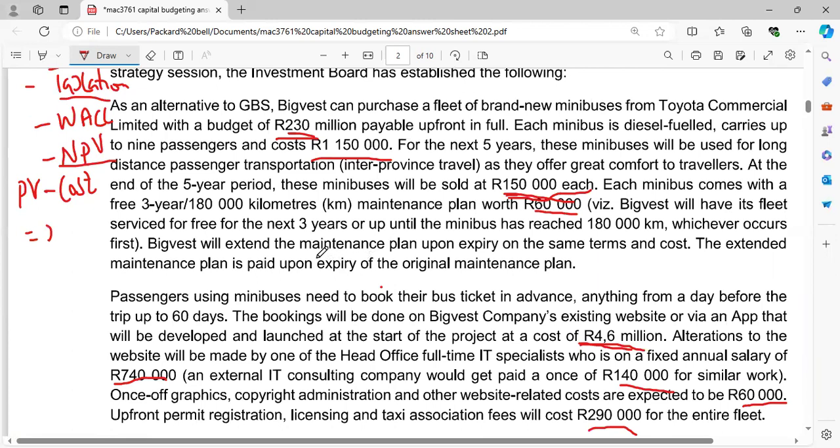Big Base will exchange the maintenance plan upon expiry on the same terms and conditions. The extended maintenance plan is paid upon expiry. Okay, so which means it's going to be paid in year 3.